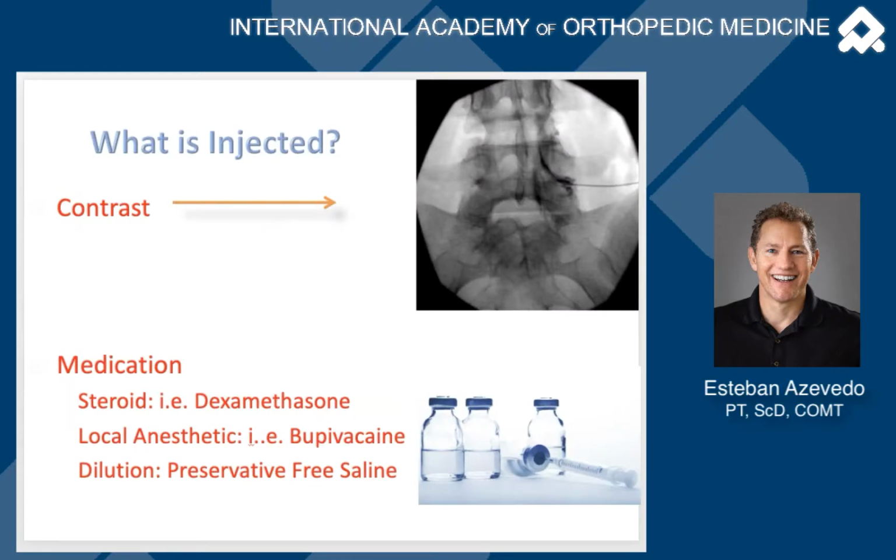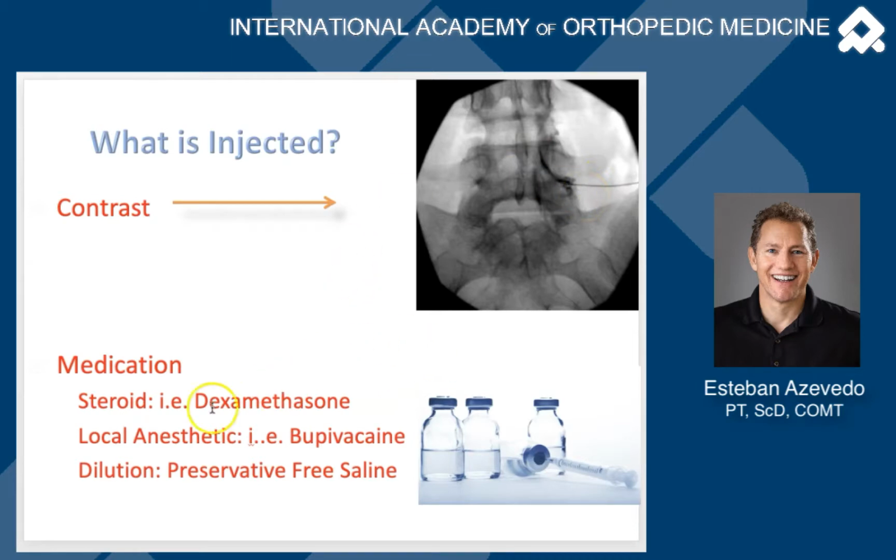One question I get a lot is, what are they injecting? So when I asked the pain doctors about this, and I've worked side by side with pain doctors for 20 years, they said it's always some contrast unless you have an allergy to it, because I think it's made from shellfish or something that can be an allergen. So when they inject it, you could see it under the X-ray. So you can see this was injected along a nerve root, and it outlines that nerve root.